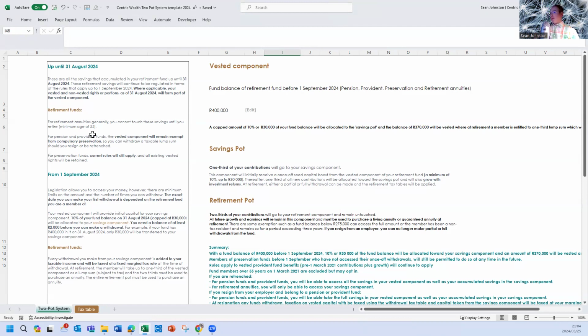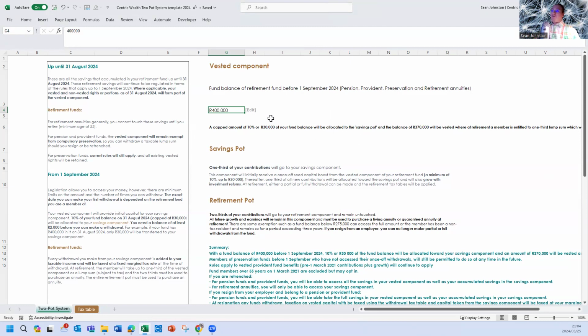So what that means is if you belong to a pension or provident fund or a pension preserver or provident preserver, all the rules apply up until that fund value. So let's say the fund value was 400,000 Rand. Of the 400,000 Rand, because it's going to be an explanation taking a portion out, 370 will be applied to these rules.